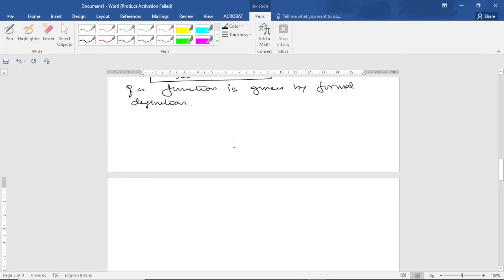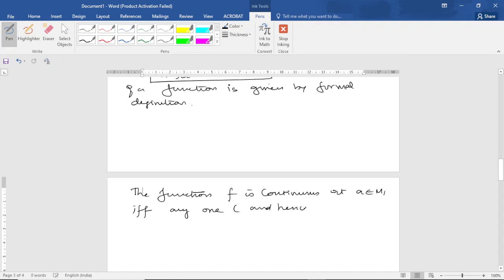The next statement: the function f is continuous at a point a in M1 if and only if any one, and hence all, of the following conditions hold.